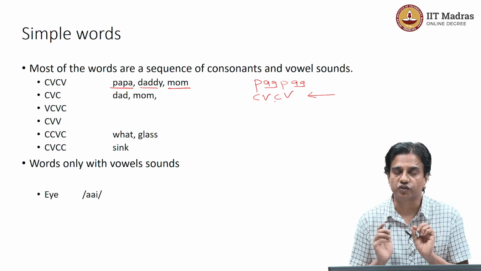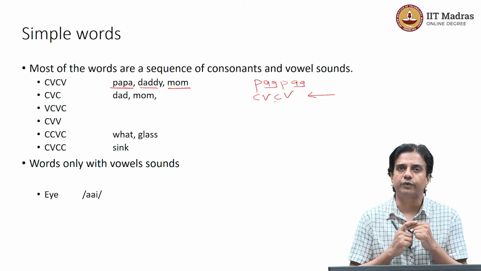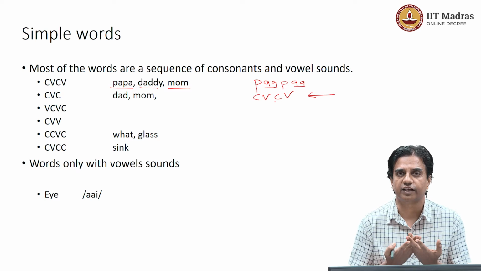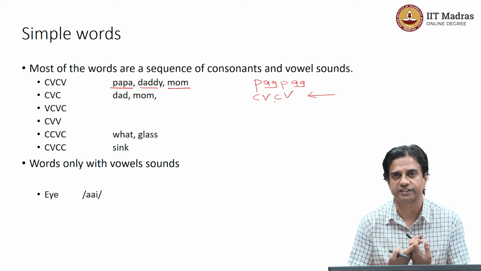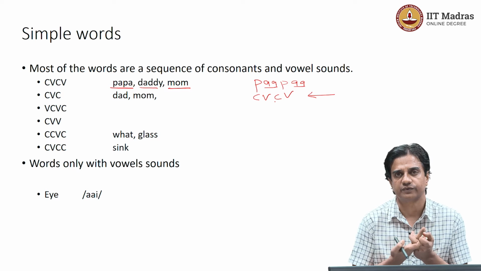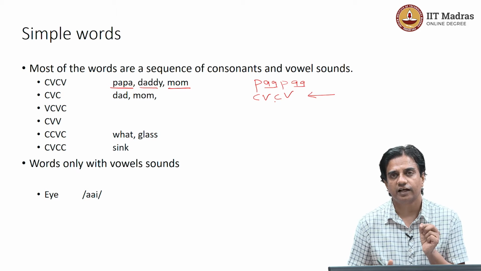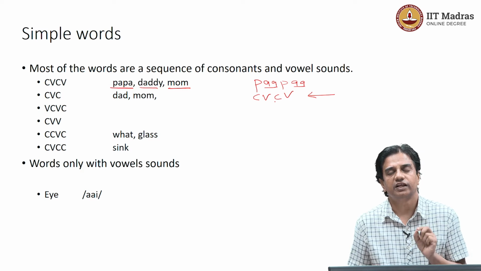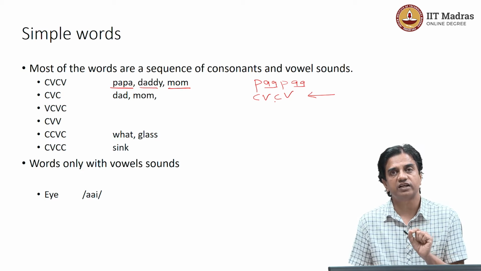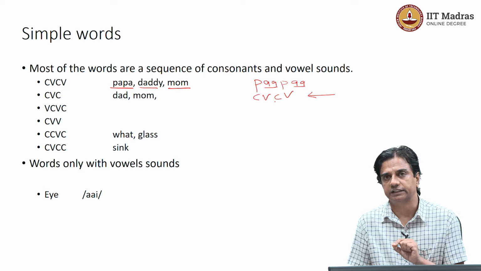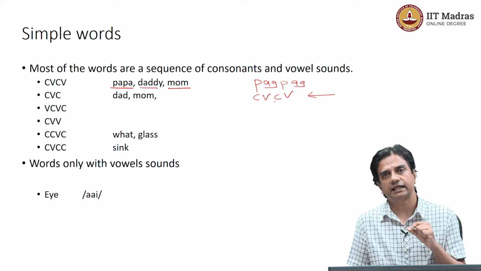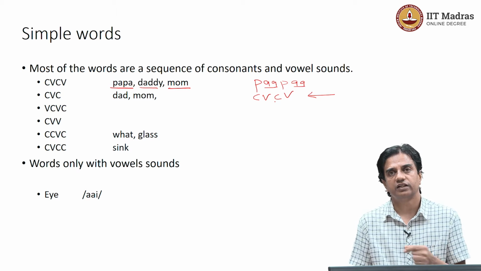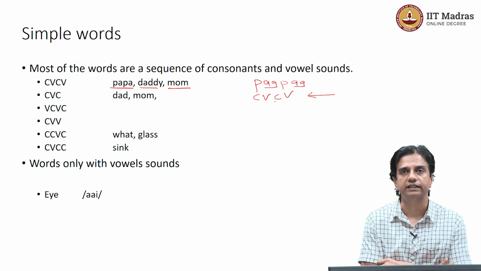A couple of other things to look at. We have had a good discussion about consonant sounds and vowel sounds. Today, I want to add one more very specific piece of information about consonant sounds. Every consonant sound has one specific vowel inbuilt in it. Take any consonant sound, the vowel that is inbuilt in it is called a.